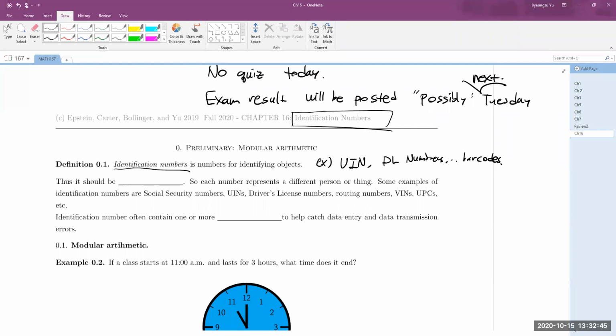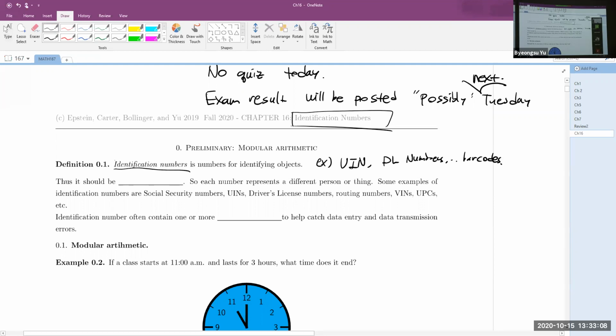To deal with this kind of problem, we give each student some number so that we can figure out that this is a unique student, or a unique product, or a unique person who has some kind of ability. That's the identification number.